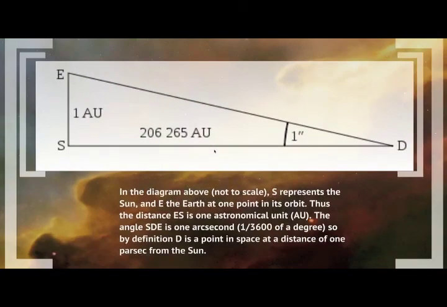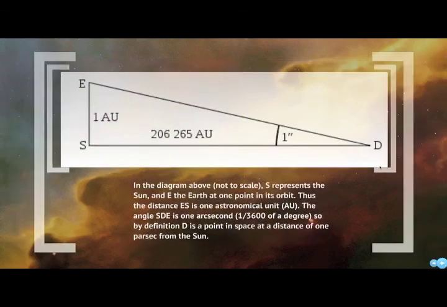So this is just your basic setup: the 1 arc second and the 1 AU, and from that information you can determine the distance, 206,265 AUs, which is 1 parsec. But the bottom line is, knowing this is 1 AU and knowing this is 1 arc second, you can then determine how far away the star is, which is this distance from S to D here.